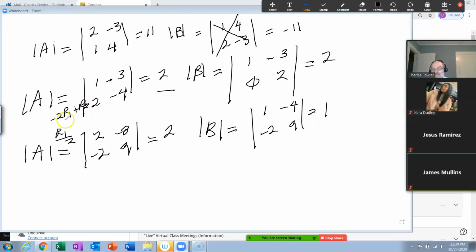Well, you divided a row by 2, you divide your determinant by 2. Exchange 2 rows, you negate the determinant. Divide by a constant, or multiply by a constant, you multiply or divide the determinant by that same constant. But if you're adding a multiple of one row to another row, it doesn't change the determinant at all. Okay, which is very encouraging, because let's go to the top of the next page.